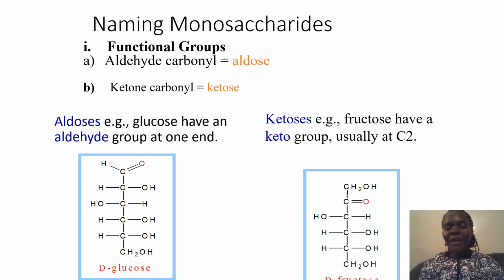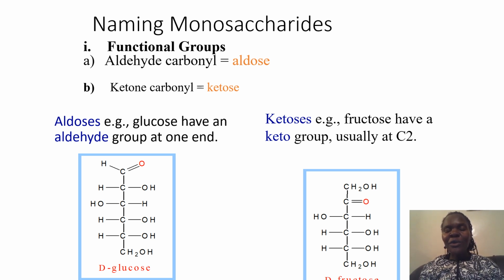The best example here is glucose for aldose, while fructose for a ketose. But I mentioned that these monosaccharides can be drawn in two forms. It's either a linear form, which is a Fisher's projection, or a cyclic form, which is known as Haworth projection.